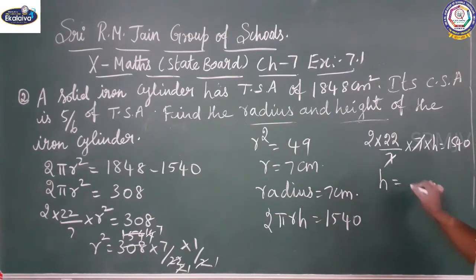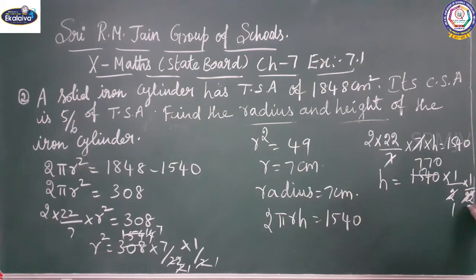h equal to 1540 into 1 by 2 into 1 by 22. 2 ones are 2, 2 sevens are 14, 770, 2 elevens are 22, 35.